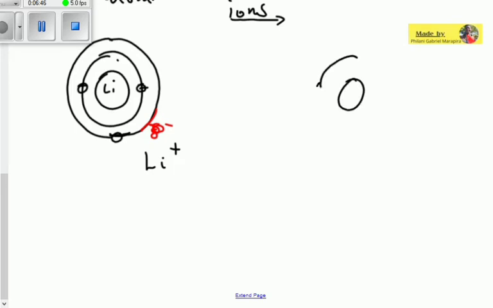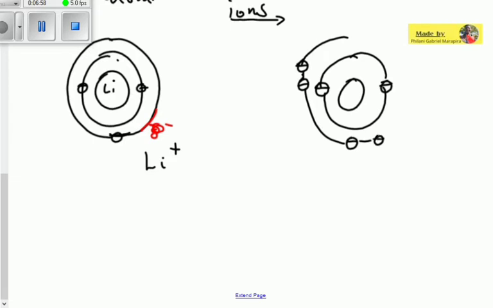Here it is: 1, 2, 3, 4, 5, 6, 7, 8. Let's just check the number of electrons in oxygen.